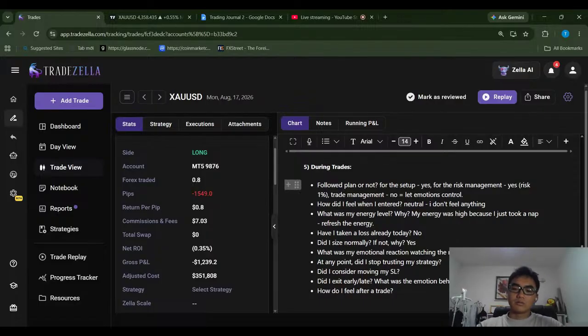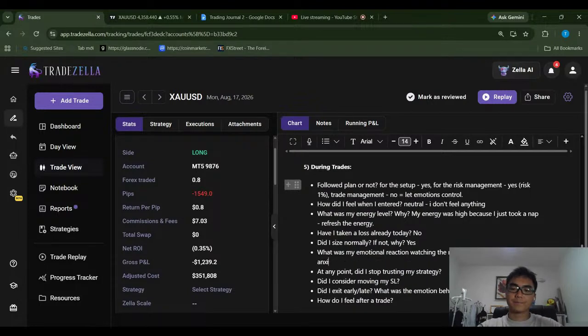What was my emotional reaction watching the market move? I can say FOMO, fear, anxiety, and mostly hope. From this kind of level, I traded based on FOMO. I didn't want to get out of the trade or stop out with profit or set break even, because I hoped for something more, something special, like making the money.